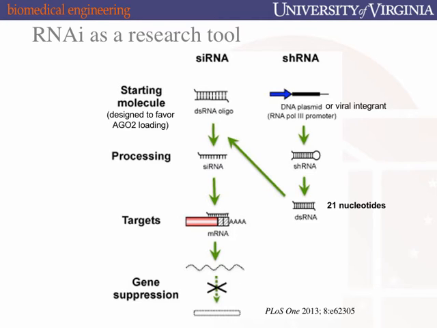You're asking about the similarities and differences between the single guide RNA for Cas9 and the guide RNA for Argonaute 2. Similarities are that they're both using RNA sequence as a targeting mechanism for an enzymatic activity. Cas9 is a DNA endonuclease.